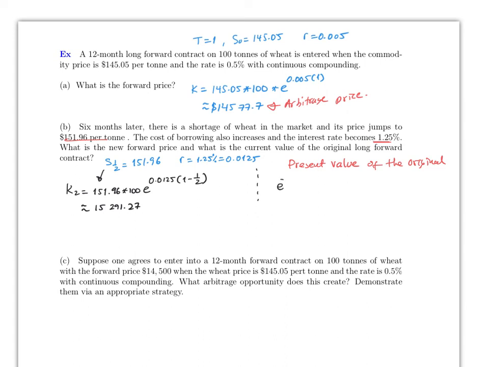It's going to be e to the minus r(T minus t) times (S_t minus K2) minus (S_t minus K), which in our case will be e to the minus 0.0125 divided by 2, which is the same thing as this, times 15,291 times 0.27 minus 145, 77.7 or around 709.1.